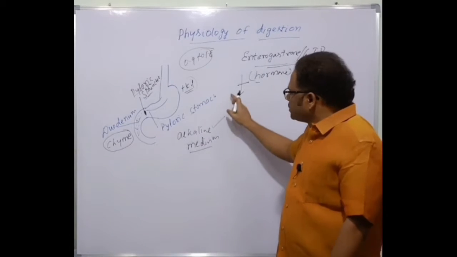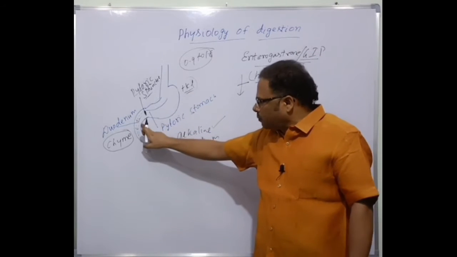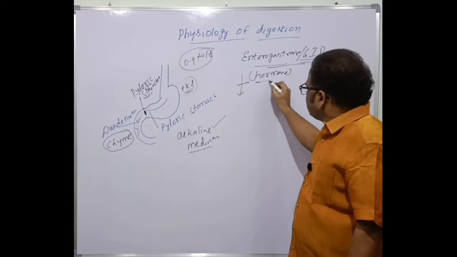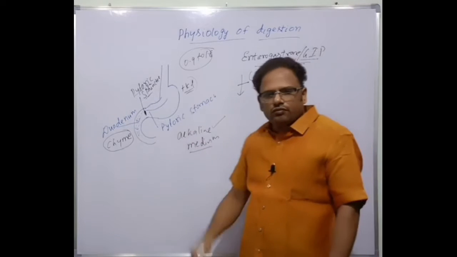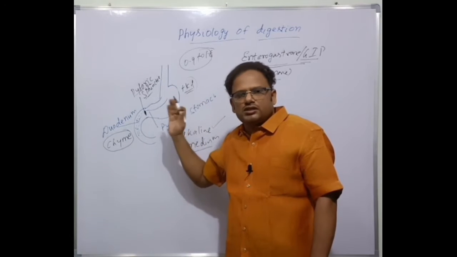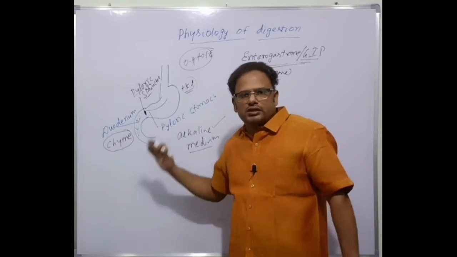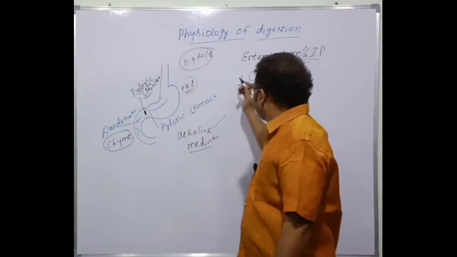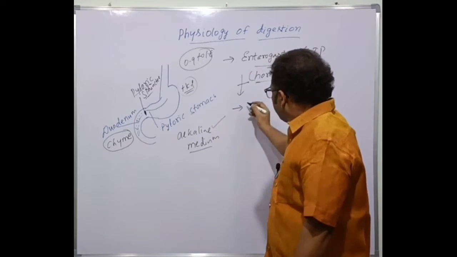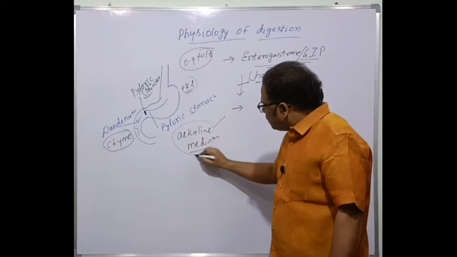So the influence of gastric juice and HCl must be stopped here. The acidic influence is totally stopped. That's the first point to be remembered: enterogastrone.